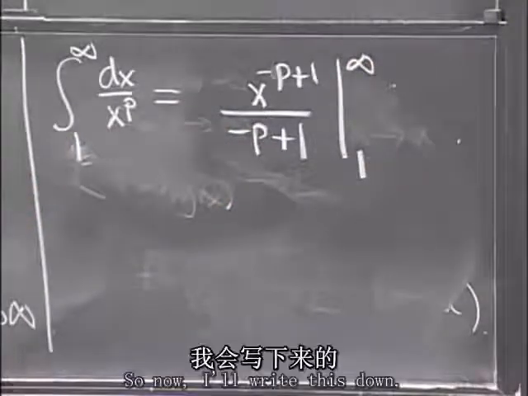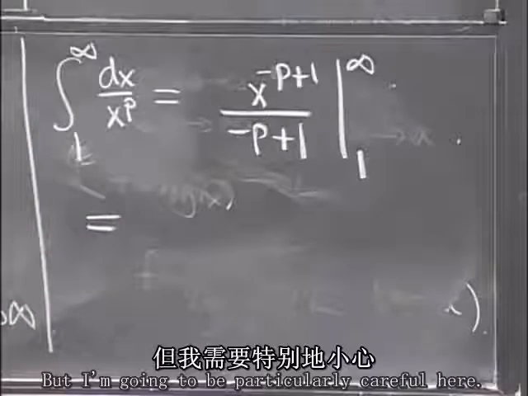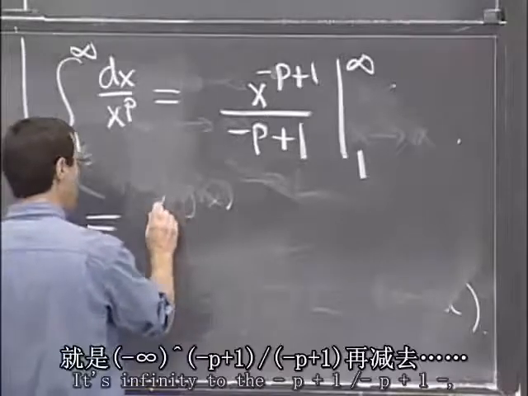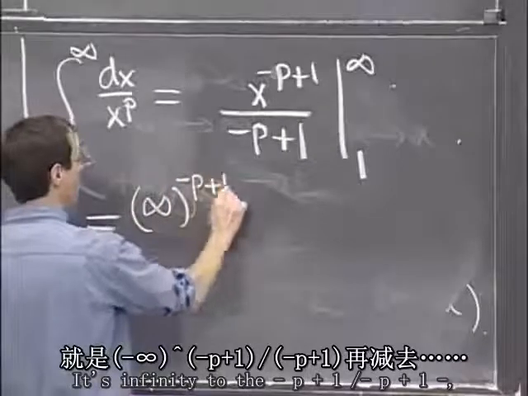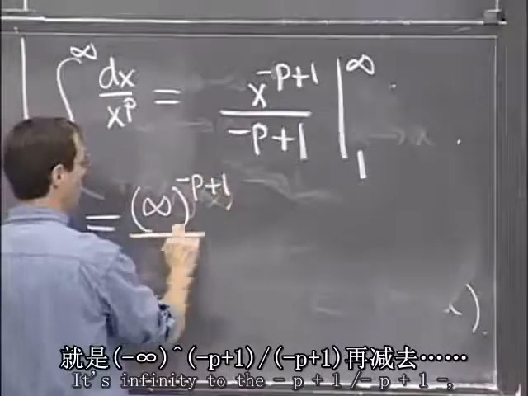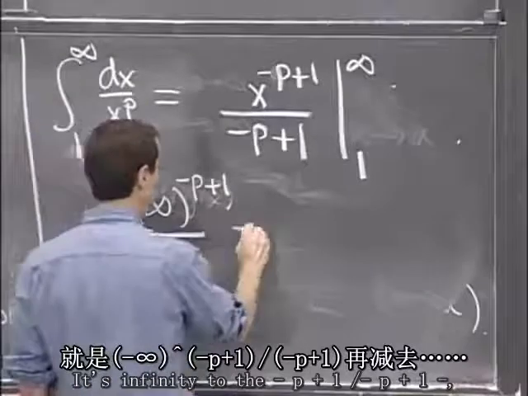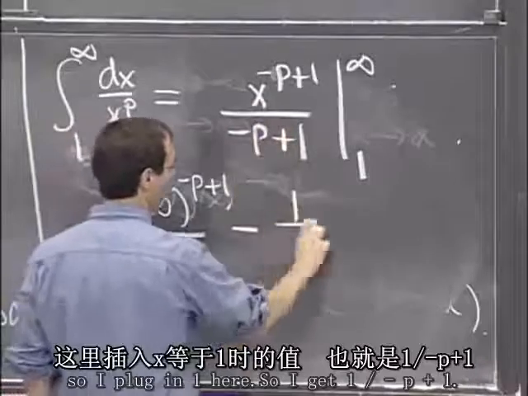So now I'll write this down, but I'm going to be particularly careful here. It's infinity to the minus p plus 1 over minus p plus 1, minus, so I plug in 1 here, so I get 1 over minus p plus 1.